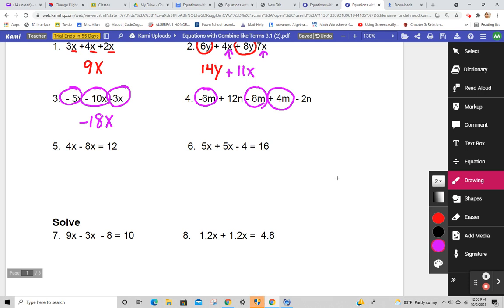Negative 14m, add 4m to that. That will bring you down to negative 10m. Okay? And I see that we can combine these terms. These are like terms. 12n minus 2n is plus 10n.